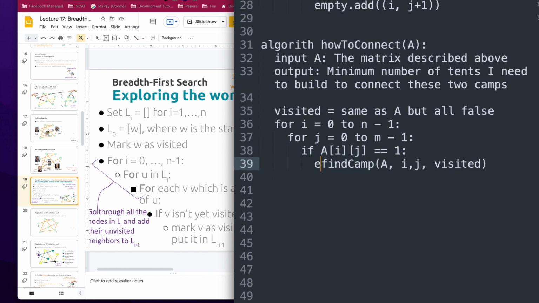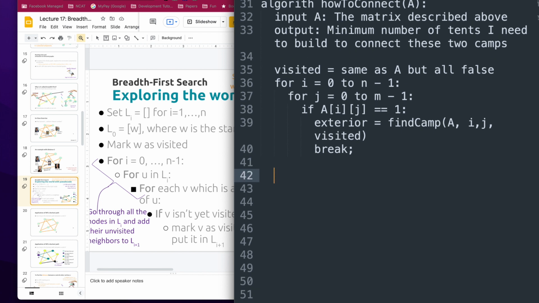And we can say here's exterior is equal to this. And then actually what I would do here is I would break. I still have this visited that's still marked. What we want to do next is run BFS again, but we want to start with all the exterior nodes as the ones that are keeping track of the length.